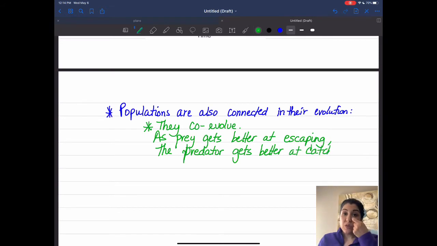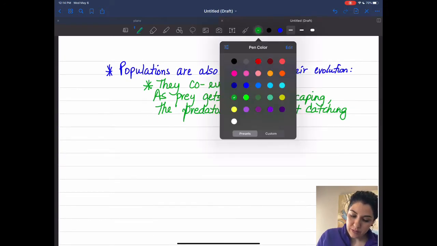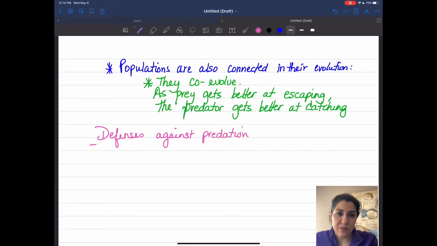Okay, so there are a number of defenses against predation. We can't talk about all of them. I'll give you just a few examples of what these defenses might be.